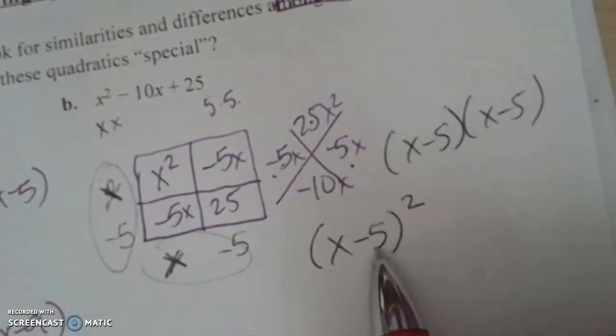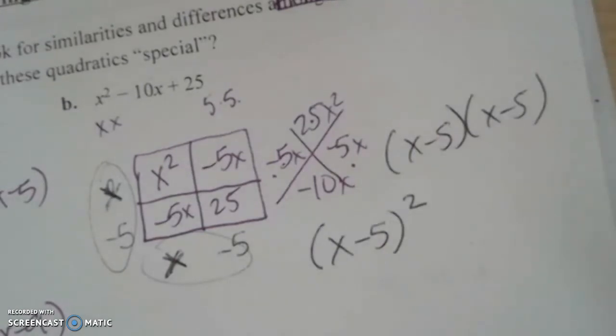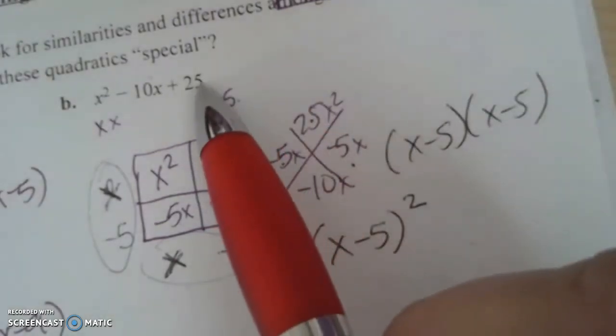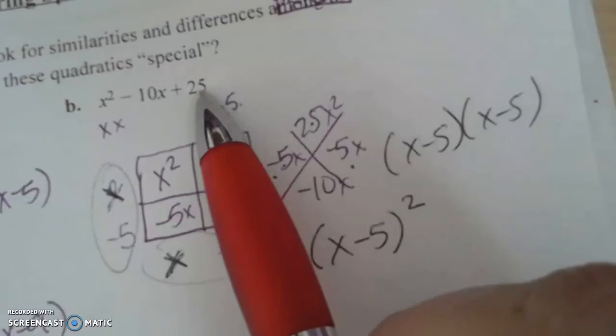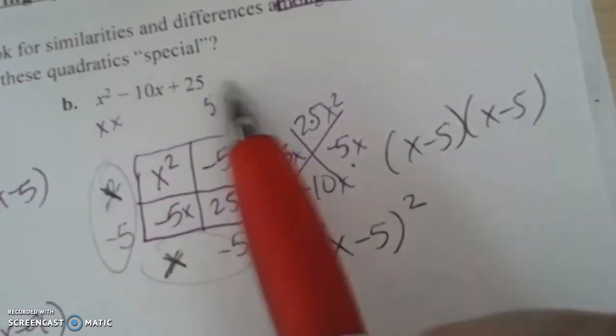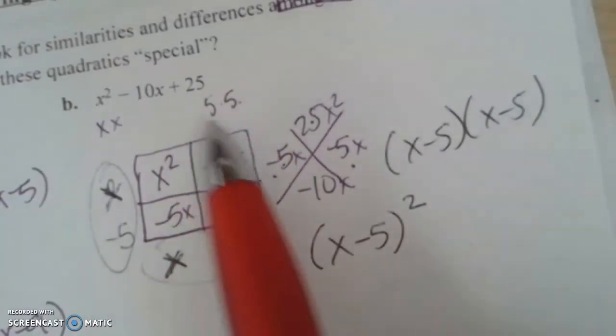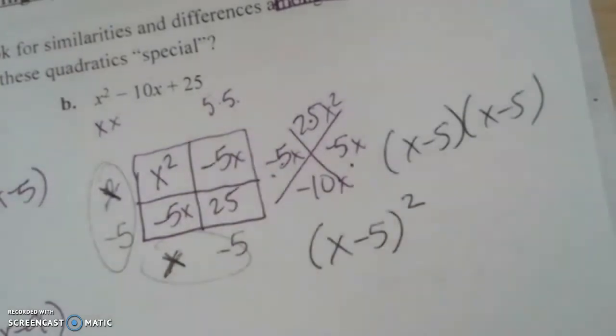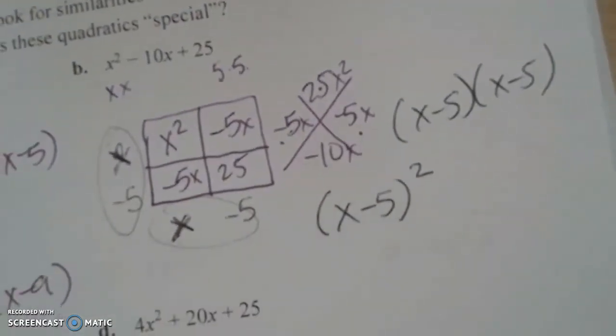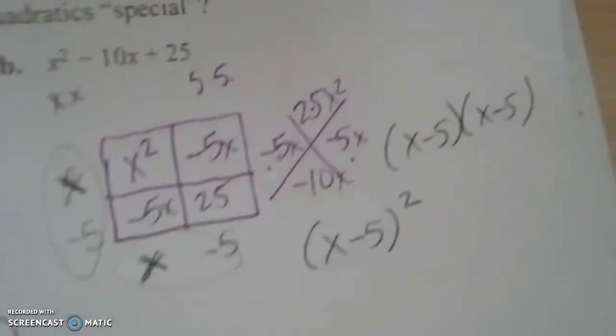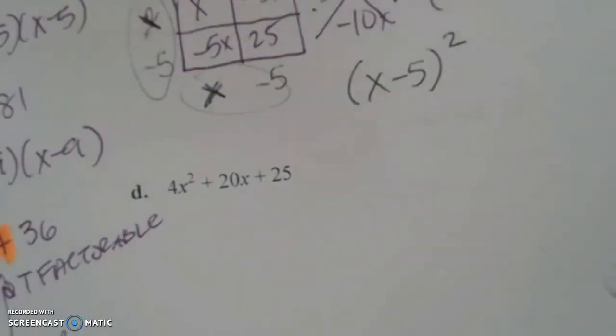I know I did that pretty fast. What's important about this one is that whatever this number is has to add to make this other one. Let's apply it to our next problem.